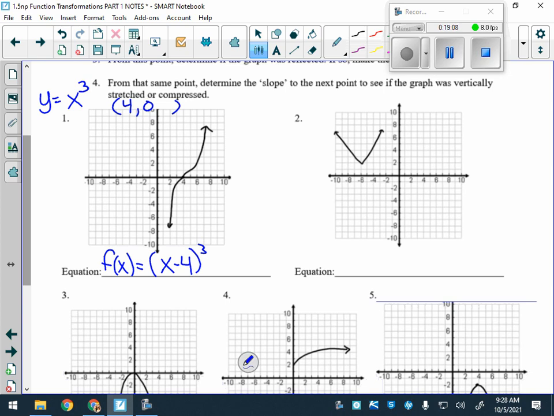Number 2, what is our parent function? Helena, what's our parent function? Absolute value. So the absolute value uses what? Vertex, starting point, or point of inflection?